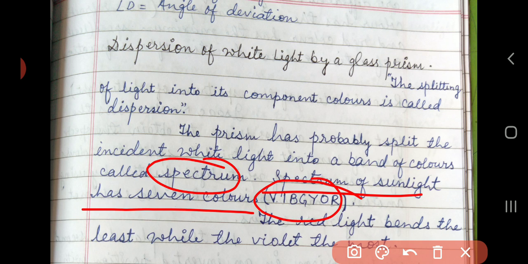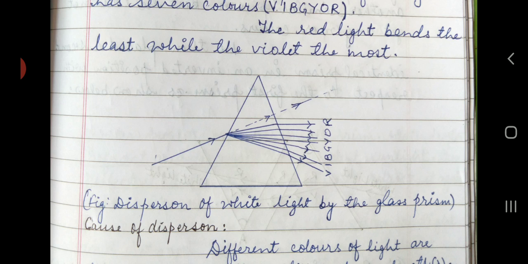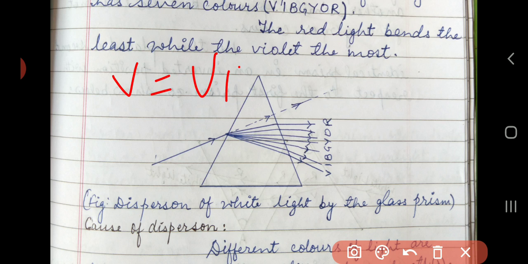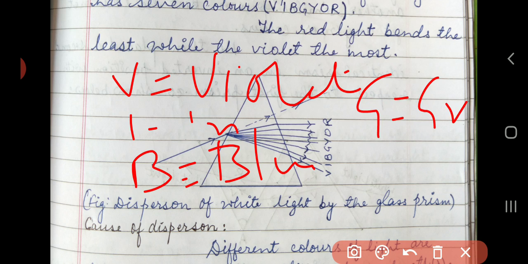This is the acronym, and you can memorize it easily as VIBGYOR. V stands for violet, I stands for indigo, B stands for blue, and G stands for green.